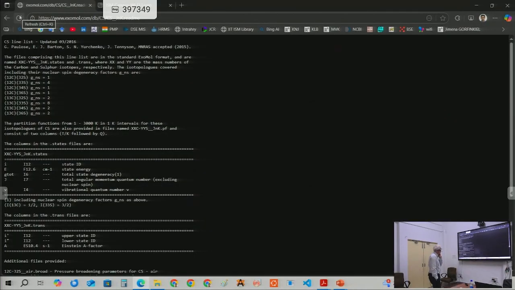Right, there we are. So that's our README file explaining everything that's in there. For instance, it gives the nuclear spin statistics, which I was struggling to understand for formaldehyde earlier. You can see that for carbon 12, sulfur 32, it's 1 because they're both spin 0.